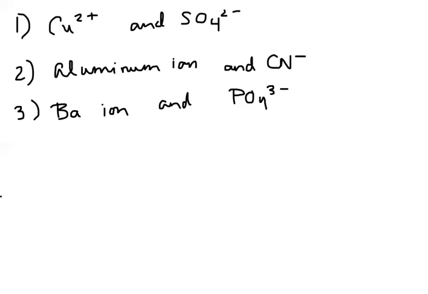CN minus is a polyatomic ion. Okay, I've seen a lot of people forget that in writing. It's actually a cyanide. Yeah, you'll learn that.